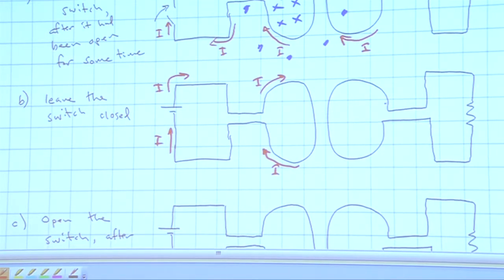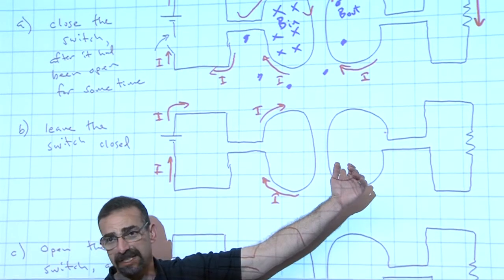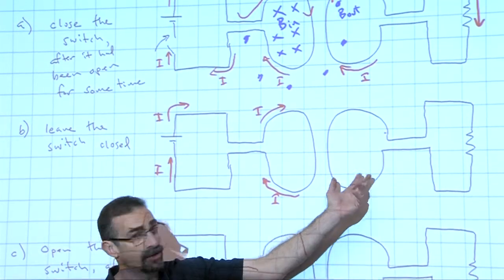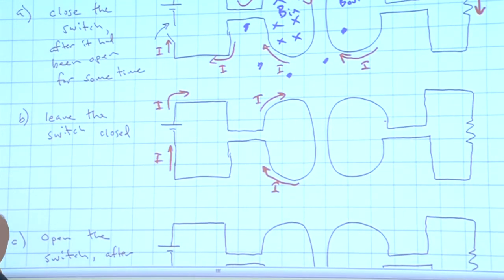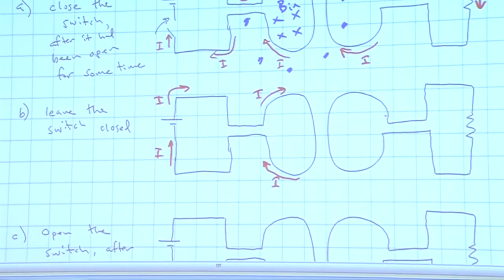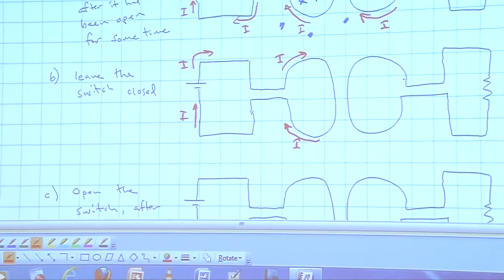Nothing is changing. Is there magnetic flux through this? Yes, there is. Is it changing? No. It's constant. And only a changing magnetic flux produces a current, produces an EMF in that loop of wire.